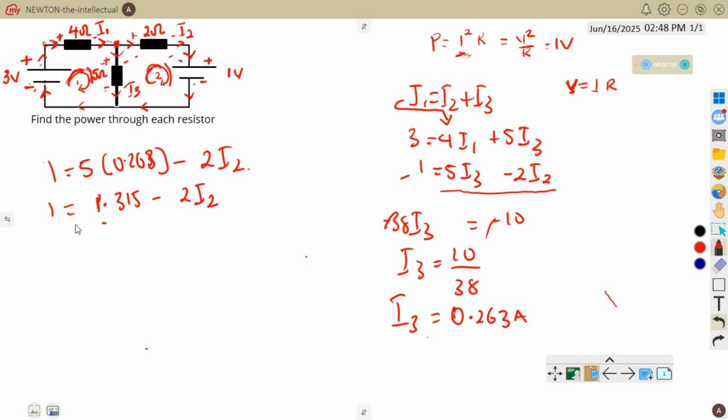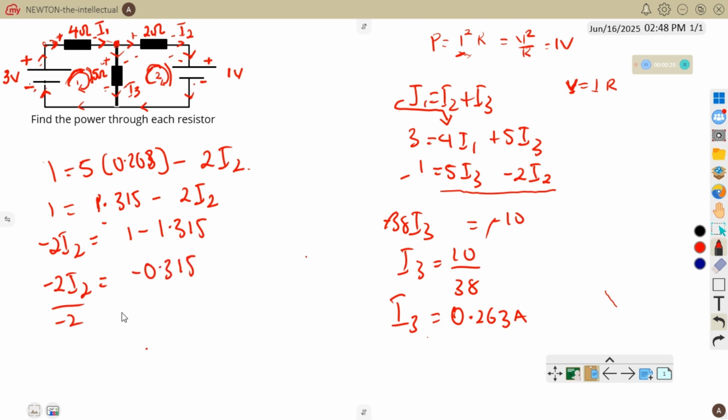So I'm making 2I2 the subject of the formula. So we have minus 2I2 equal to 1 minus 1.315. So doing that, we have minus 2I2 equal to minus 0.315.